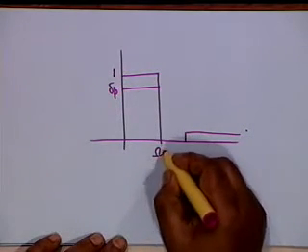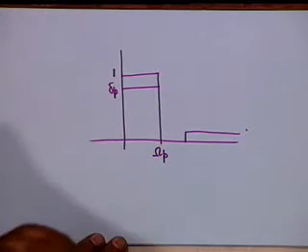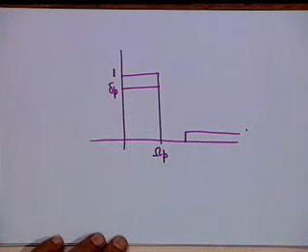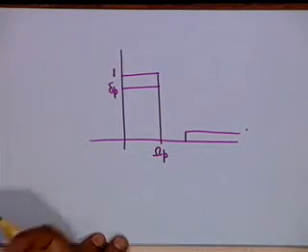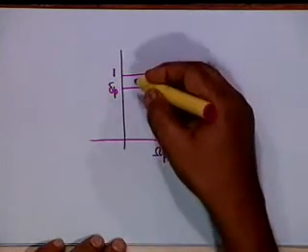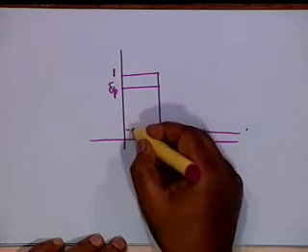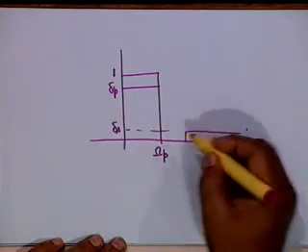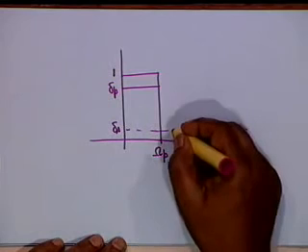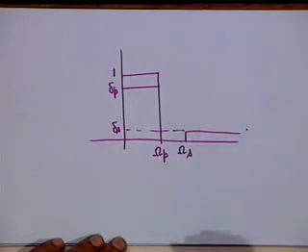Okay. This is omega p. Delta p is not the tolerance in the pass band. If you want, I will use some other symbol, but tolerance in the pass band is now 1 minus delta p. Okay. Then this is delta s. To keep the formula simple, this is delta s and this is omega s.